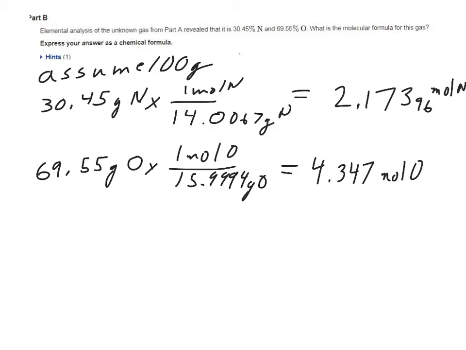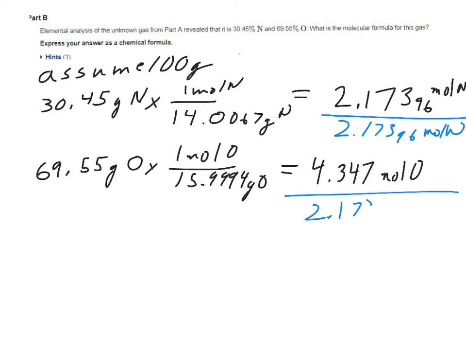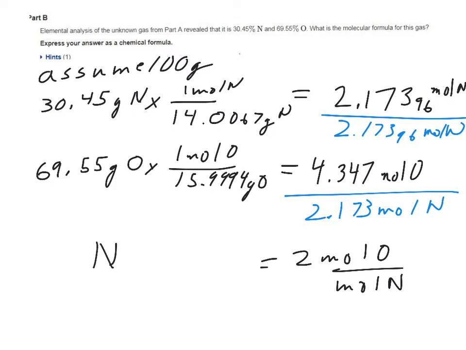Our lesser number of moles is our moles of nitrogen, so we're going to divide both by our moles of nitrogen. That's going to be easy. I can do that one in my head. That gives us 2 moles of oxygen per every mole of nitrogen. So our formula would be nitrogen dioxide, and that's our empirical formula.